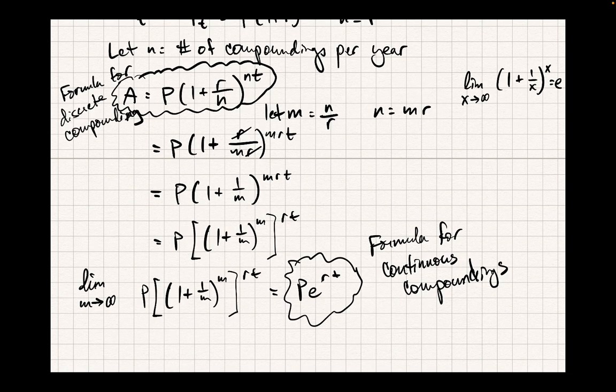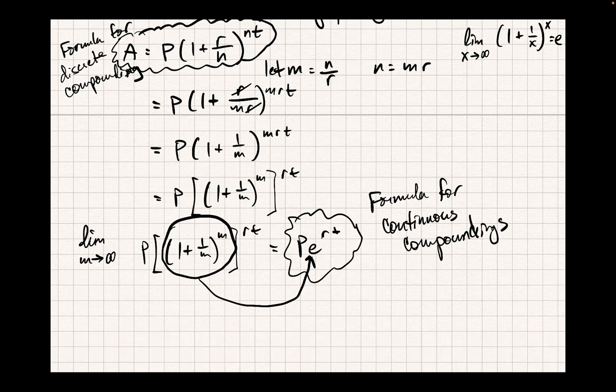So as m by itself goes to infinity, this becomes e, and then I still had P left over, and I had it raised to the RT. The square brackets just allowed me to multiply this and raise it to this power, leaving the insides alone, because that is the thing that approaches e, as we saw in our Desmos graph.